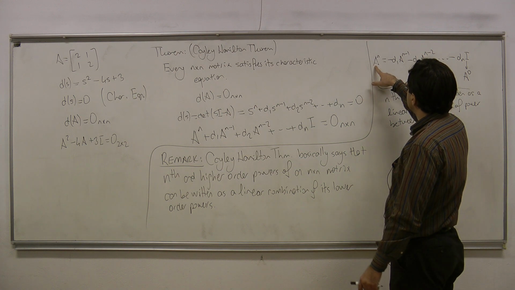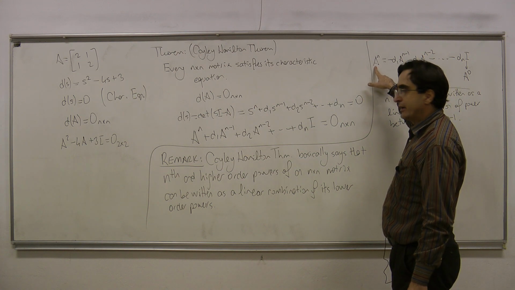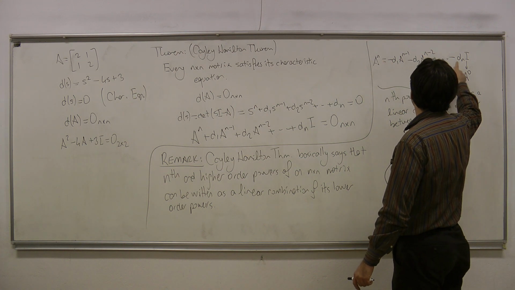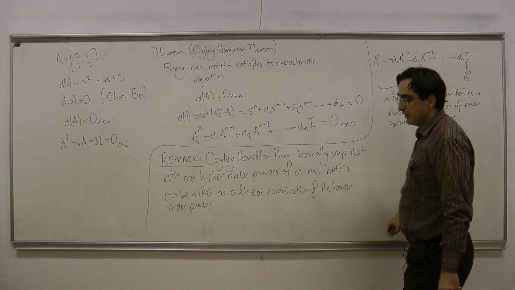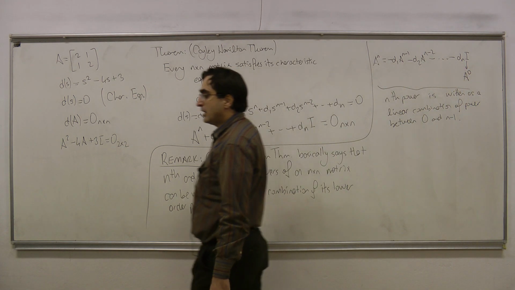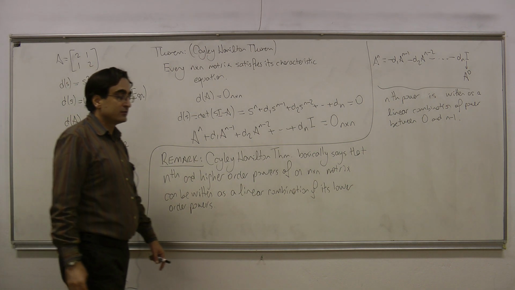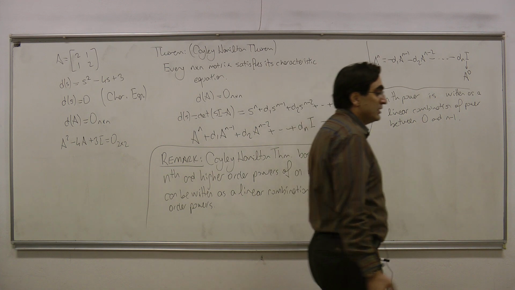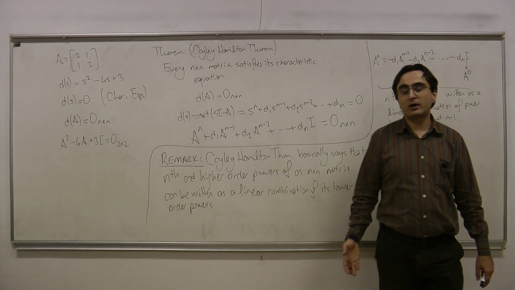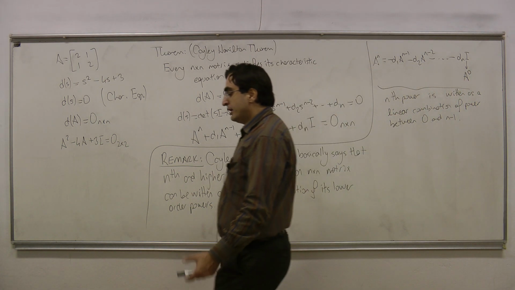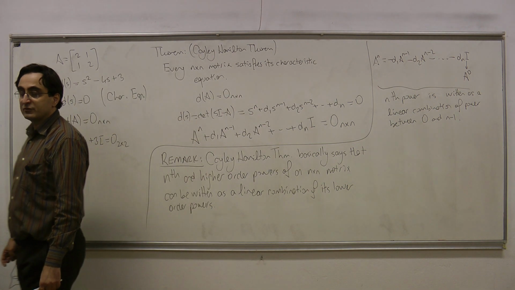Because I can write the nth power of the matrix as a linear combination of its powers between 0 and n minus 1. So the nth order power of the matrix is no longer linearly independent of the powers of the same matrix between 0 and n minus 1. Okay? So this is really a very, very interesting fact.